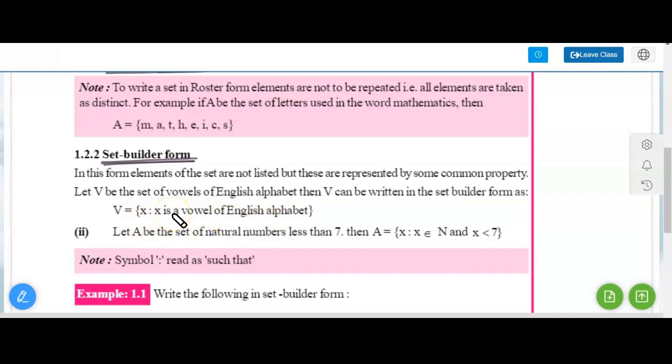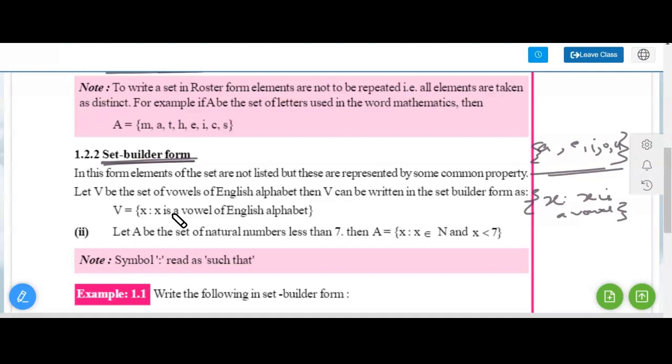If it is in roster form, you will write a, e, i, o, u, directly the elements. But if it is set builder form, you have to write the statement that defines it. So x, where x is a vowel, and put curly brackets around.